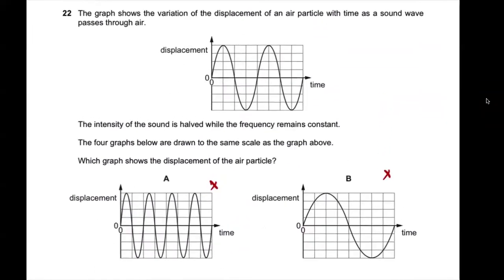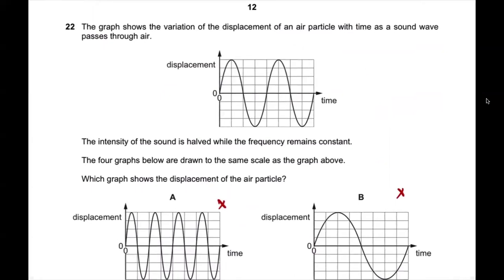Now, obviously, whenever in waves you see this word intensity, this equation should come to mind. If intensity halves, there must have been some change in amplitude, which was squared, the square of which is half, right?